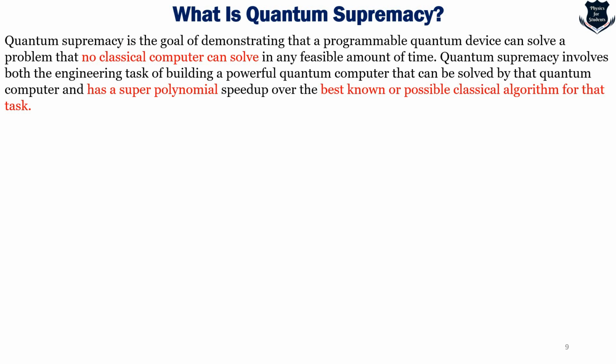Classical computers means those we are talking about, the laptops and desktops which calculate in bits, 0 and 1. Quantum supremacy means a way of developing quantum computers that have a super-polynomial speedup over the best known or possible classical algorithm for that task.